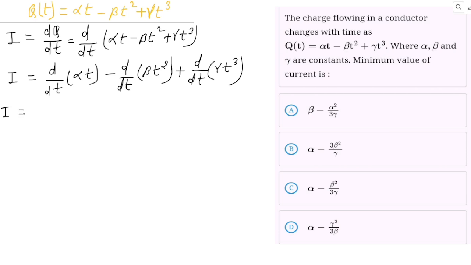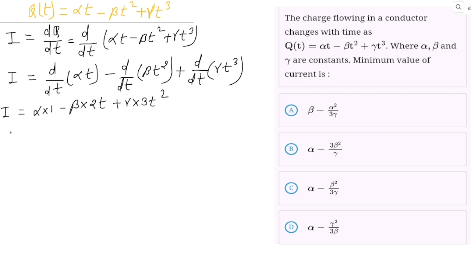Now here we differentiate the terms. So I is equal to, here alpha is a constant and the differentiation of t is 1, minus beta is a constant and the differentiation of t square is 2t, plus again gamma is a constant and the differentiation of t cube is 3t square.